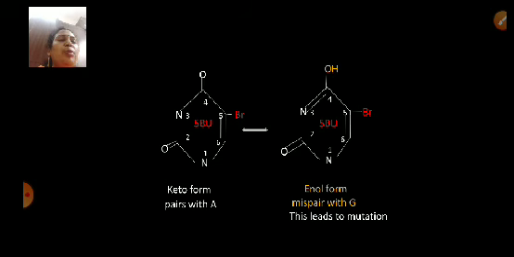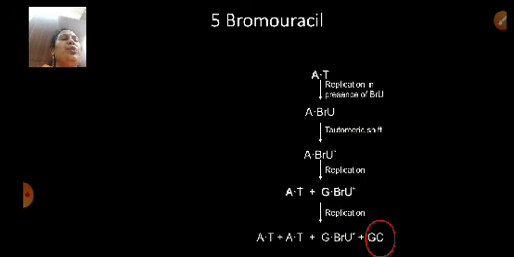5-bromouracil in its keto form pairs normally like thymine, that is, it pairs with adenine. So instead of TA pairing, there will be 5-bromouracil adenine pairing. This does not cause any mutation, but when 5-bromouracil changes to the enol form, it mispairs with guanine, and hence it leads to mutation.